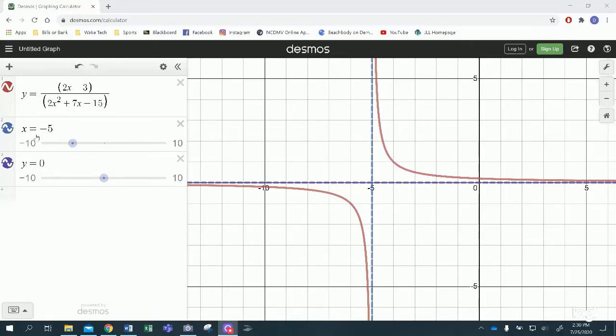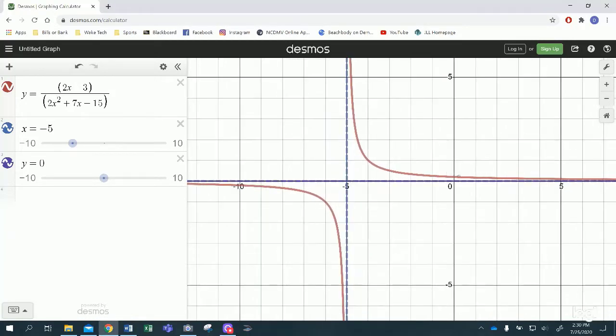Okay, so I graphed this one. It has a vertical asymptote at x equals -5 and a horizontal asymptote at y equals 0, and then your typical two branches. But then remember also it has a hole at 3/2, and it's undefined there. There it is, (3/2, 2/13).